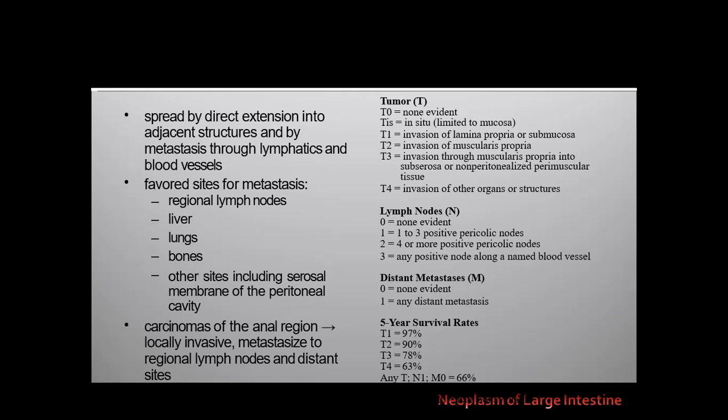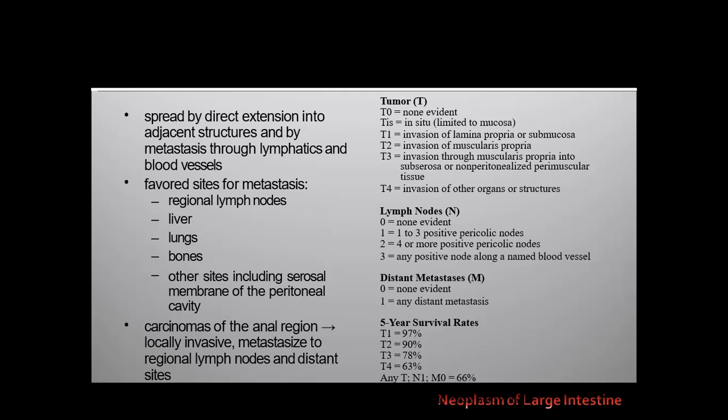Tis is tumor in situ when limited to the mucosa, and T1 is invasion of the lamina propria or submucosa. T2 is invasion of the muscularis propria, and T3 is invasion through the muscularis propria into the subserosa or non-peritonealized perimuscular tissue, and T4 is invasion of other organs or structures.